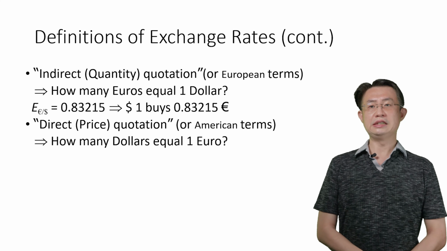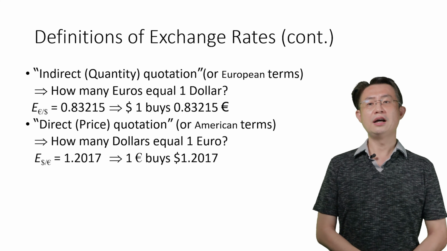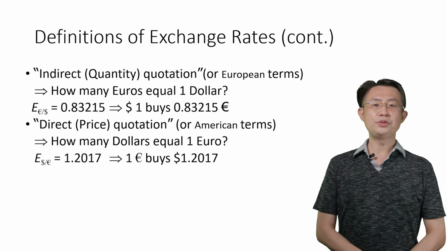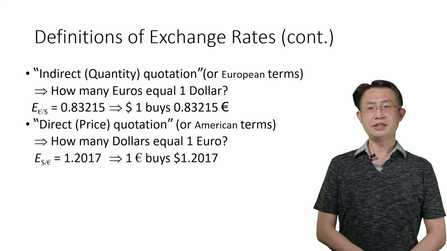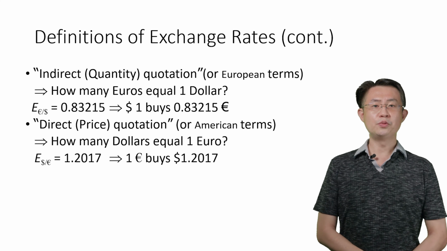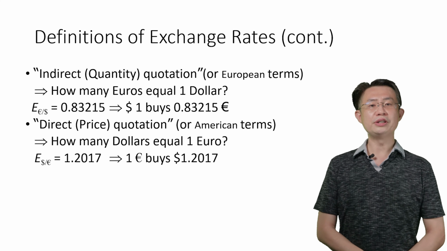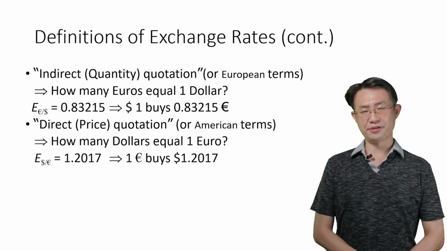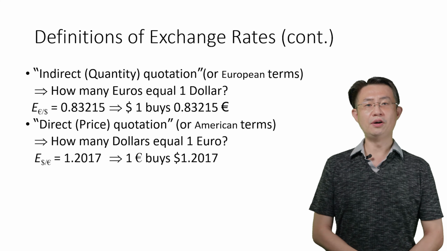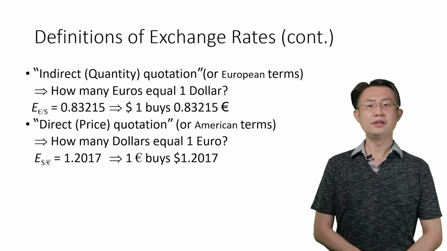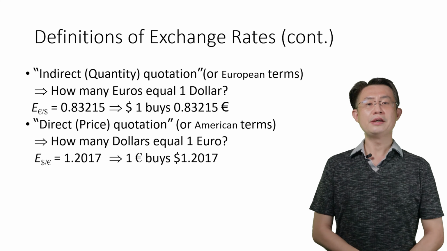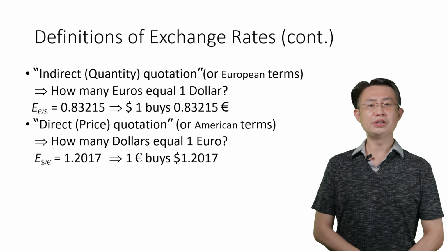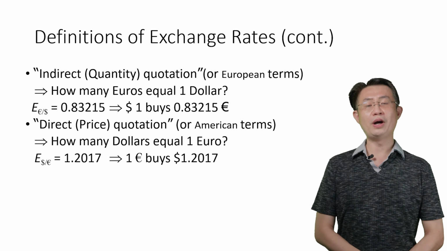So if today's exchange rate equals 1.2017, that means if we want to buy 1 euro, we have to spend 1.2017 US dollars. Or if you want to exchange for 1 euro, you have to spend 1.2017.